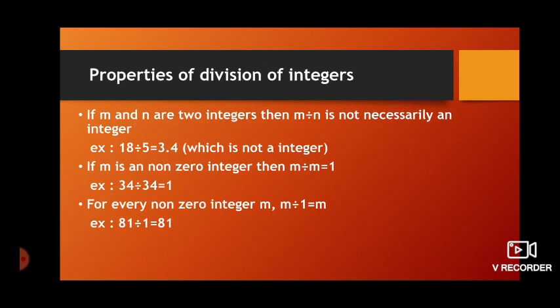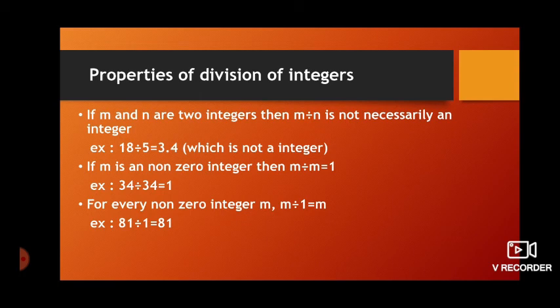Even if we subtract between any two integers, again we will get an integer only. But whenever we perform a division between two integers, we need not get an integer as the answer. For example, 18 divided by 5. If we do this, we get 3.6, which is not an integer.